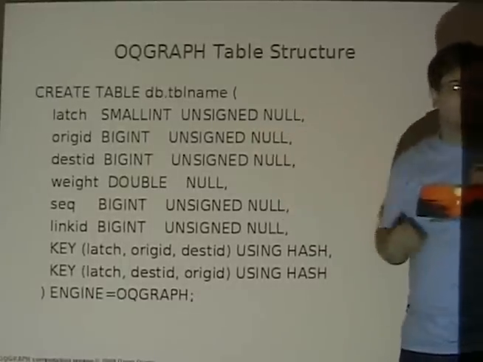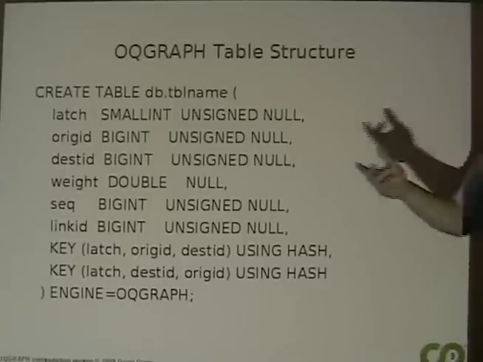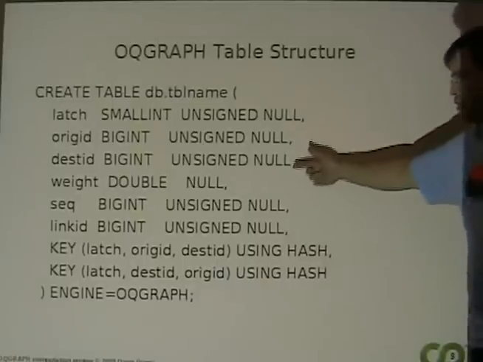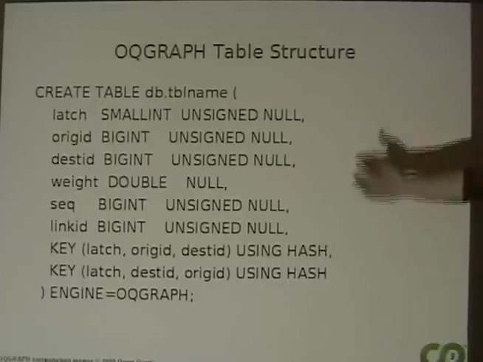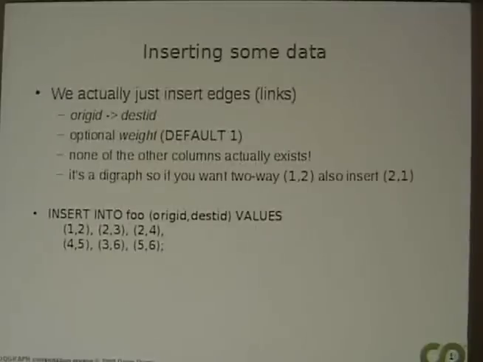The other columns are actually computed columns or parameters to drive the graph engine. So when you're inserting your data into it, you specify the start of the edge and the end of the edge and the weight. If you don't specify the weight, the weight of 1 is assumed. And so this presents a really nice, simple view for querying data, and then you can join on it, as we will see later.